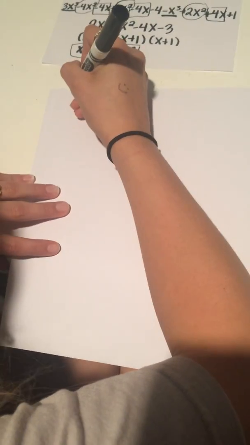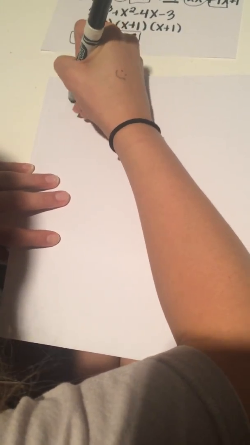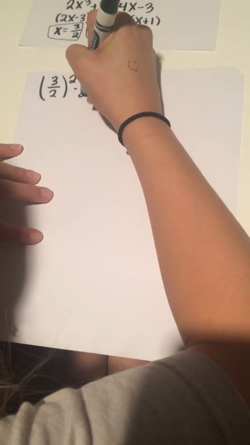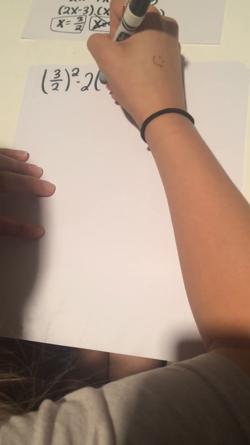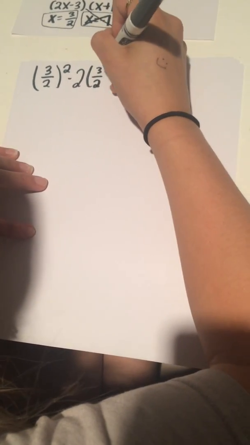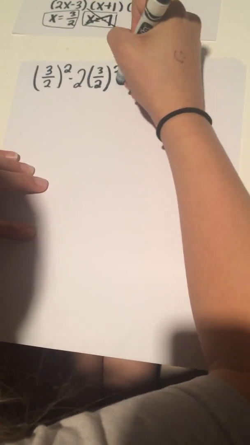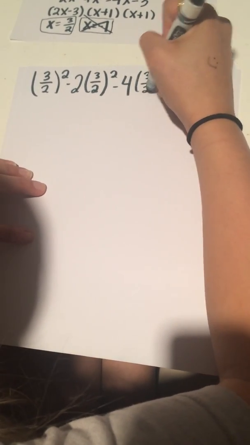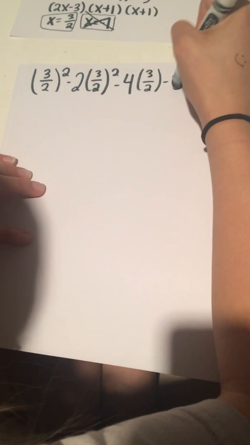So we're going to put 3 over 2 cubed minus 2 times 3 over 2 squared minus 4 times 3 over 2 minus 1.